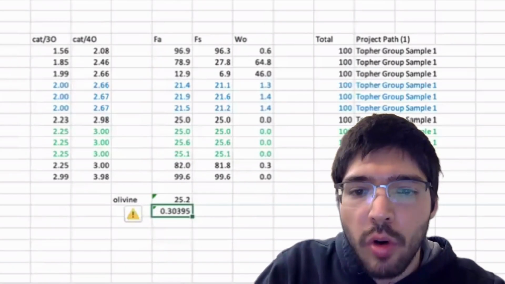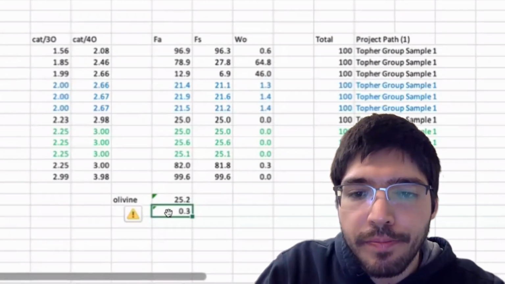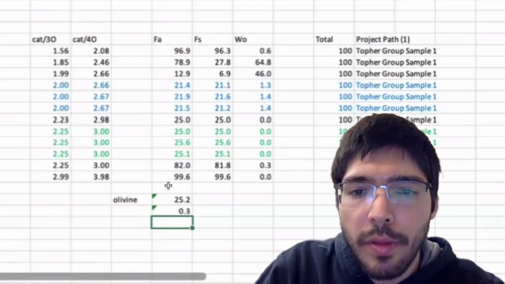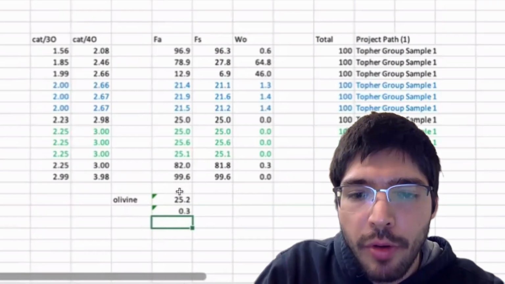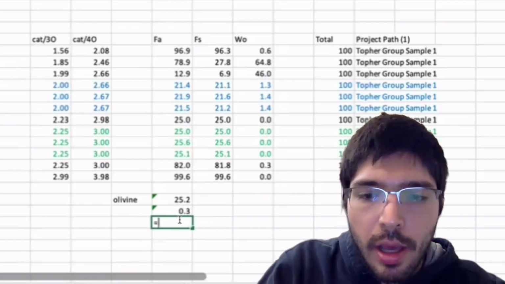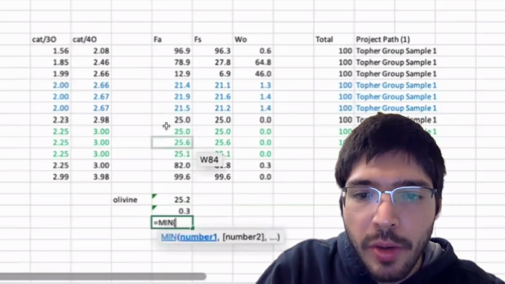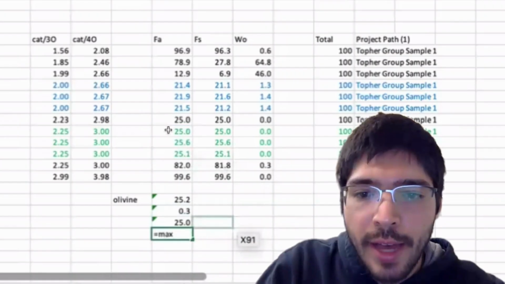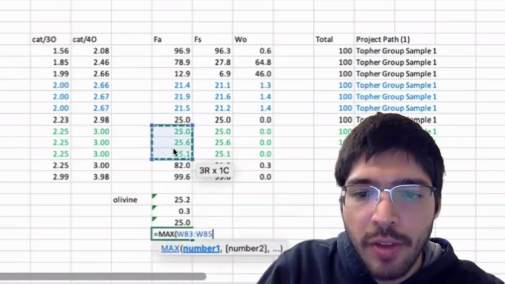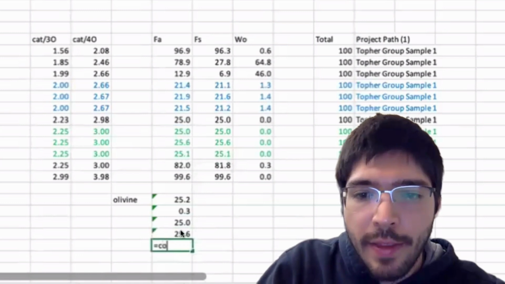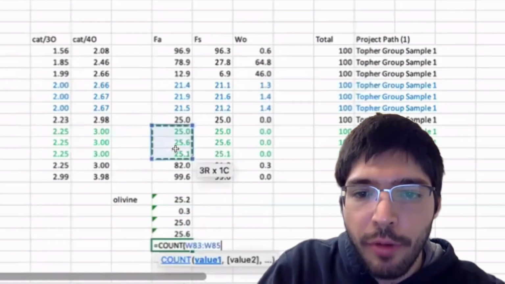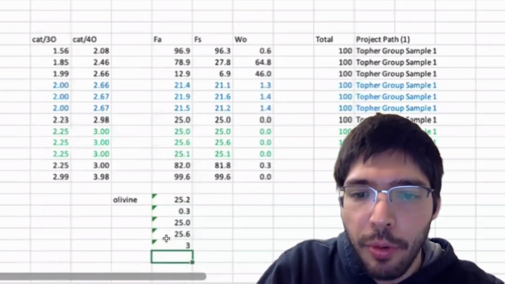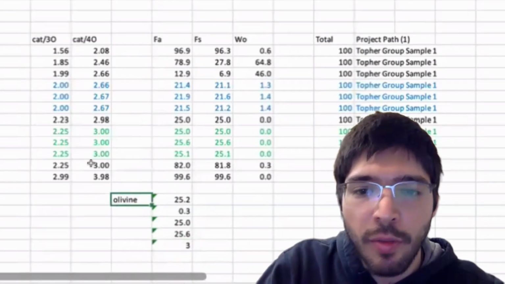This is what's called one standard deviation. Then I'm also reporting minimum values. So this would be the lowest fayalite value, and then the maximum, which would be the highest. You can see they're probably very similar. And then the last thing I report is just the number of grains. So you can see here it's 3, so it's not that many, but remember, this is just from one site.